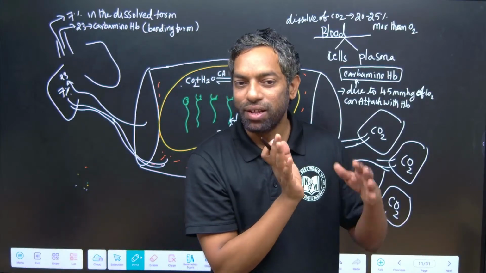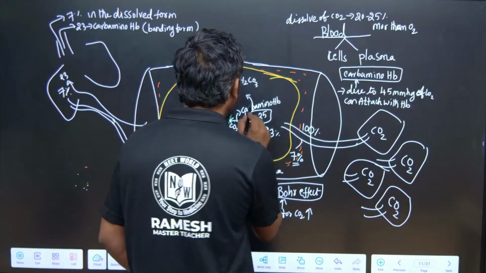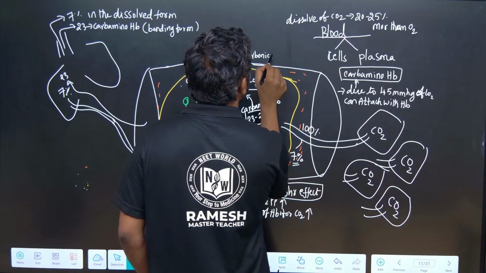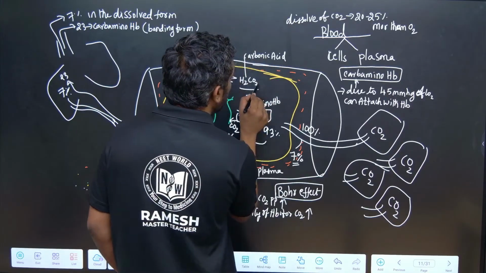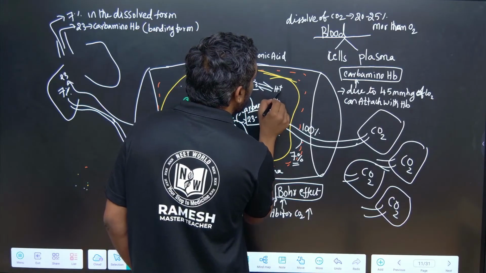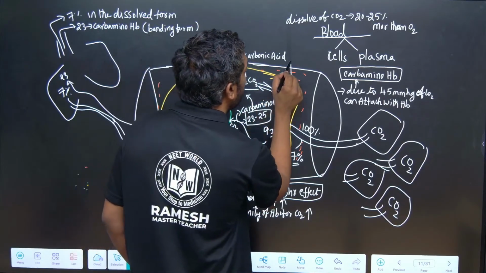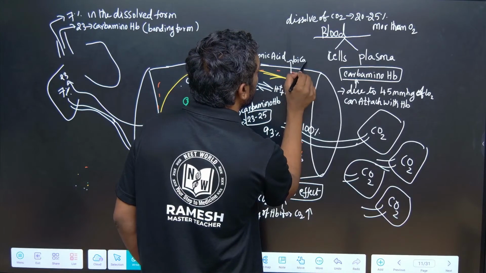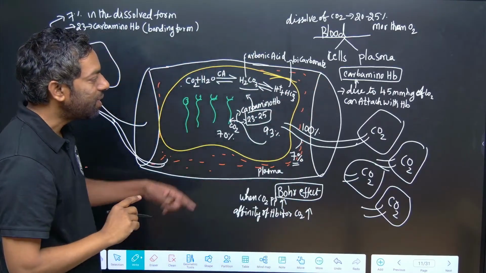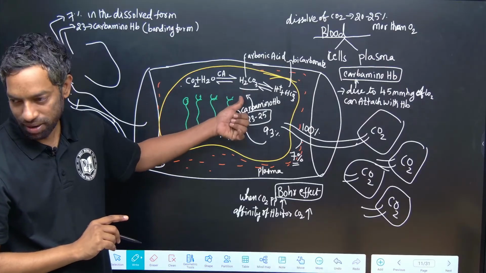With this enzyme, CO2 combines with water to become carbonic acid. The carbonic acid, in a reversible reaction, becomes H plus and HCO3 minus, bicarbonate. This is how 70% is carried, in a chemically modified form.